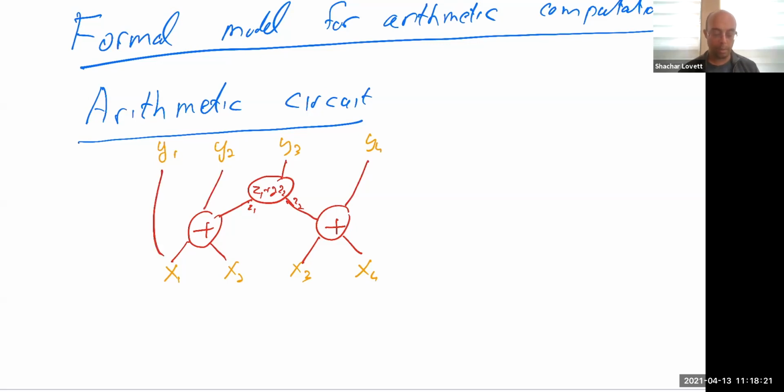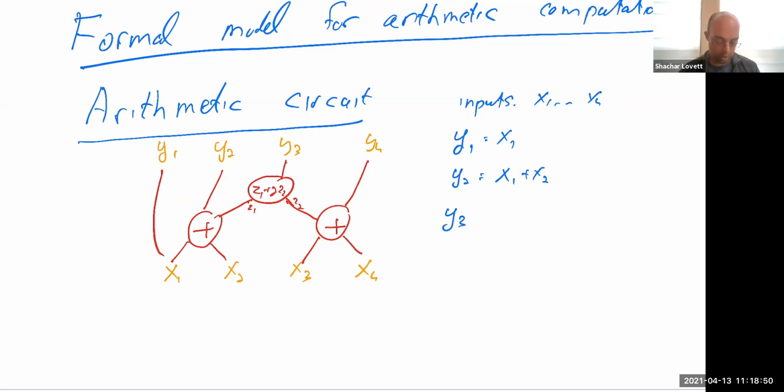So this would be an example of an arithmetic circuit. Again, all the information flows from the bottom to the top. So the inputs are x1 to x4. And what are the outputs? Let's see. So y1 is going to be x1. Y2 is going to be x1 plus x2.